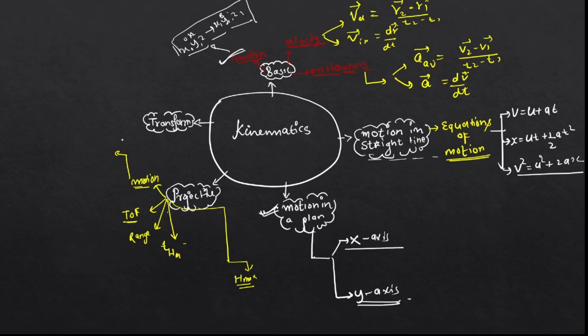So along x we saw acceleration was 0 and x was equal to u cos theta times t, right? And what was Vx? Vx was simply u cos theta. This was along the x-axis, and along y we had our y.